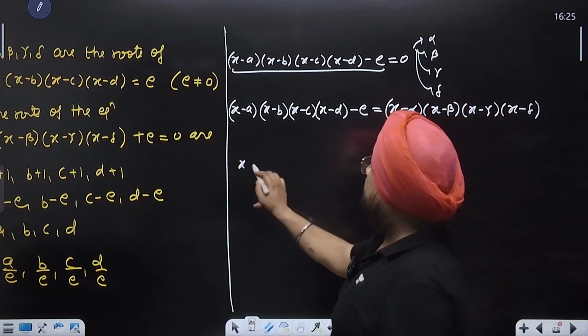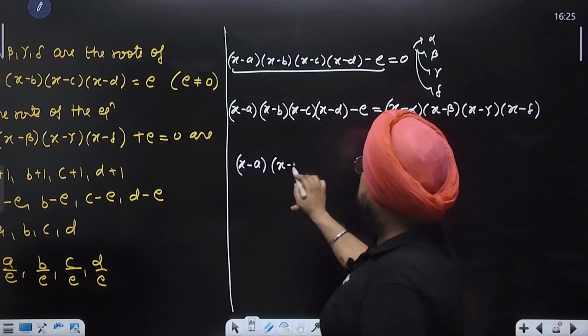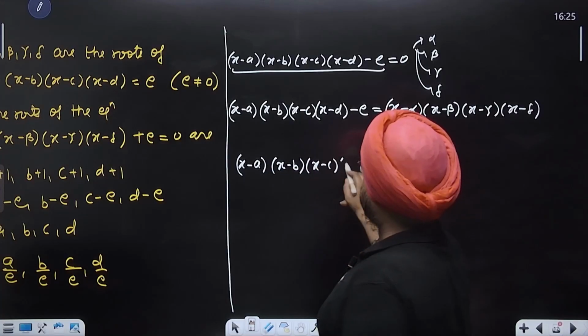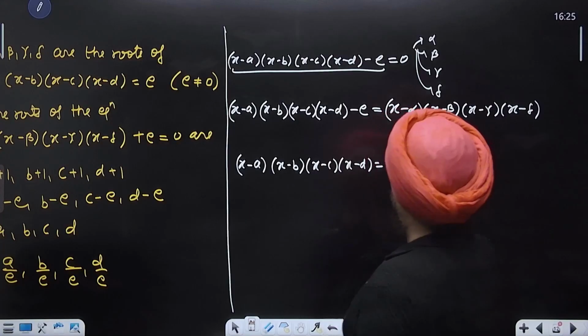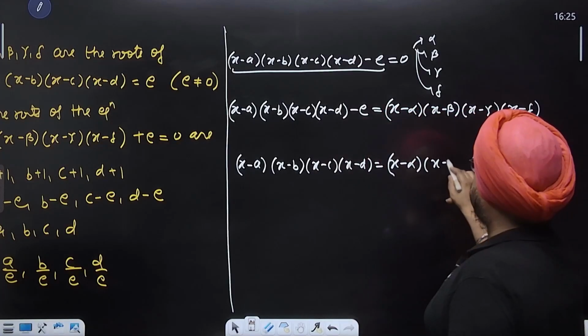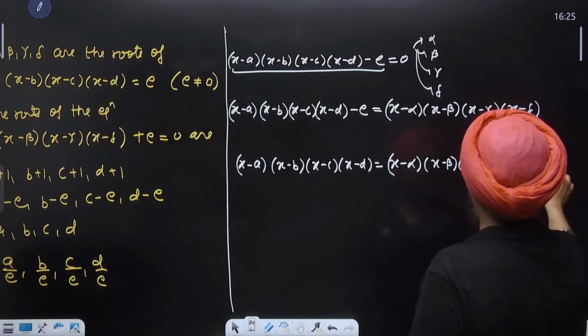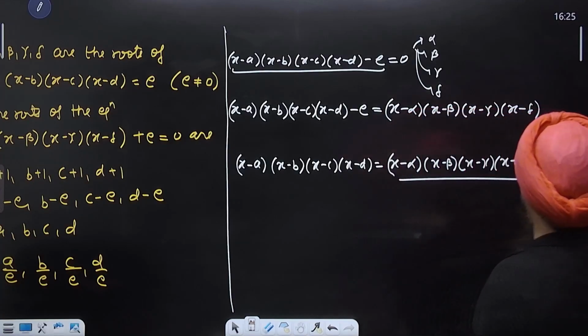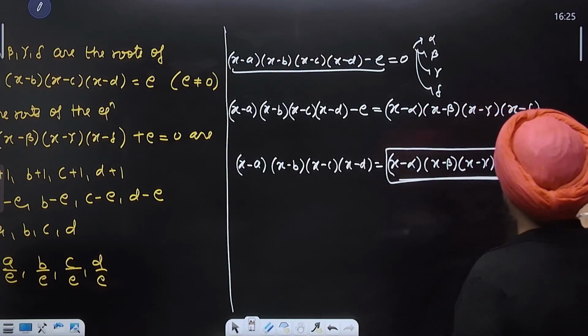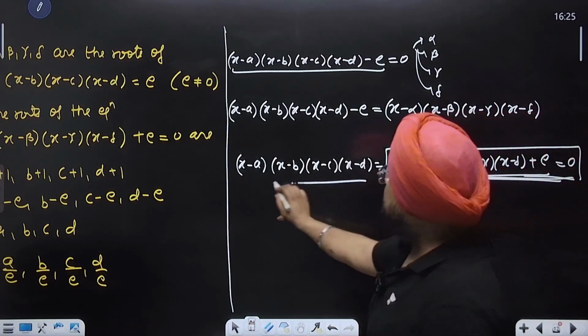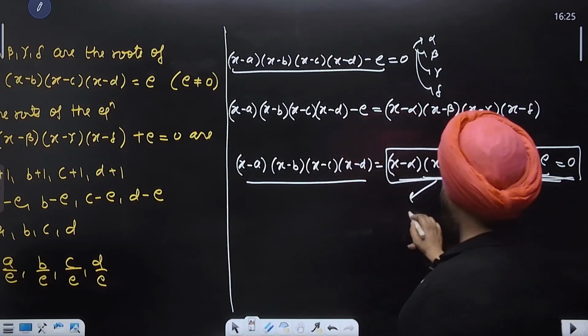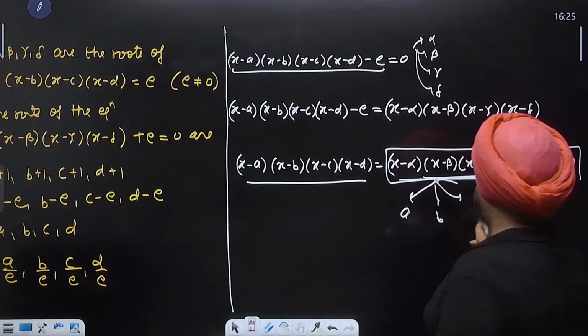Now substitute e: x minus a, x minus b, x minus c, x minus d is equal to x minus alpha, x minus beta, x minus gamma, x minus delta plus e. We have to find the roots of this equation. So roots of this equation are a, b, c and d.